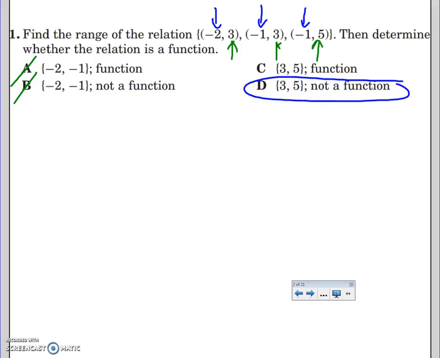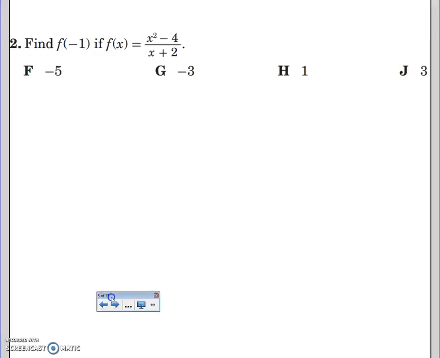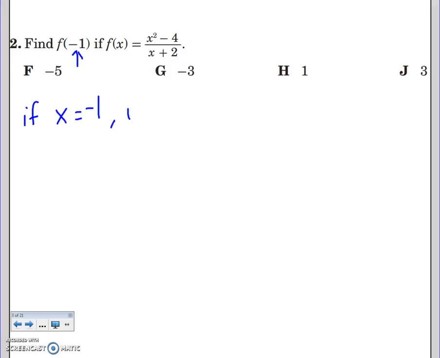All right, number 2. Find f of -1 if f of x equals that. Well, this -1 is where x is supposed to go. It's in parentheses, so I'm just plugging in. It's basically saying if x equals -1, what is x squared minus 4 over x plus 2?